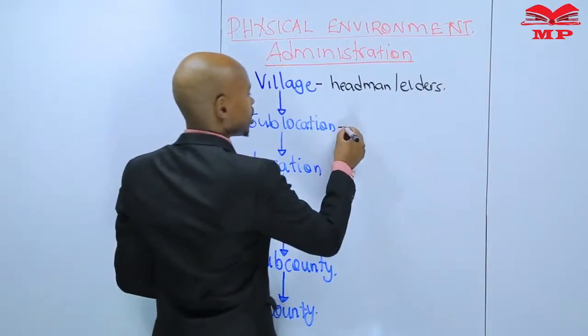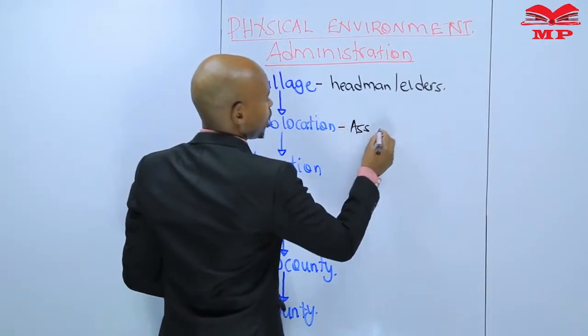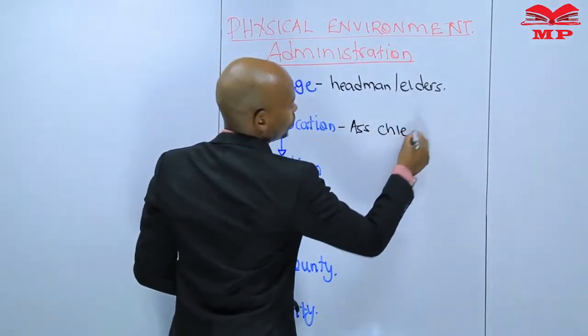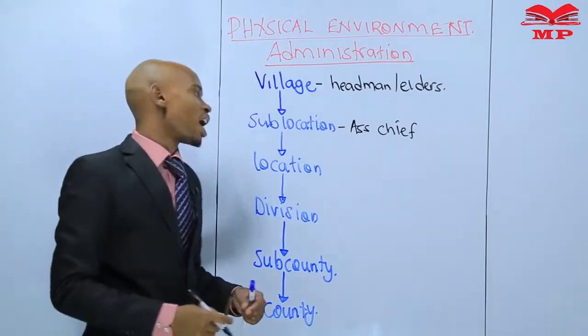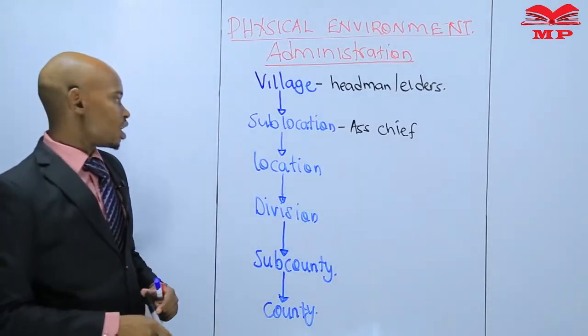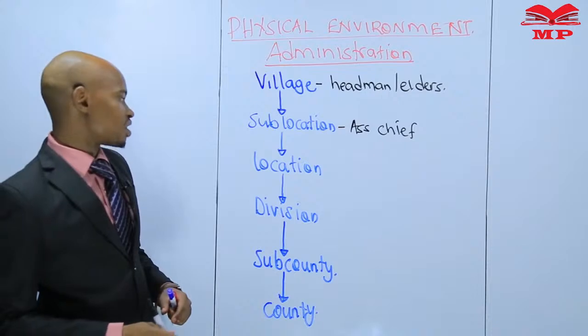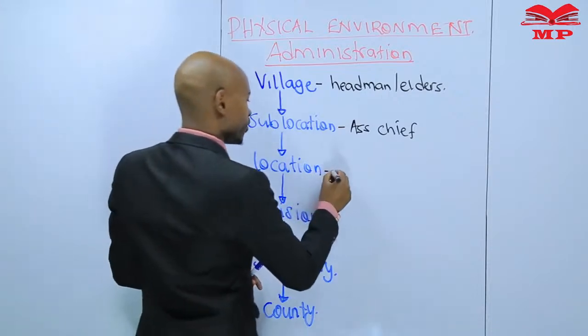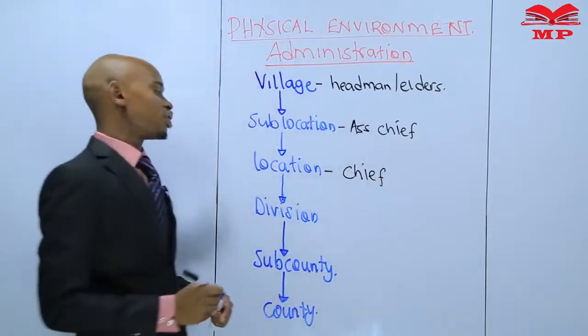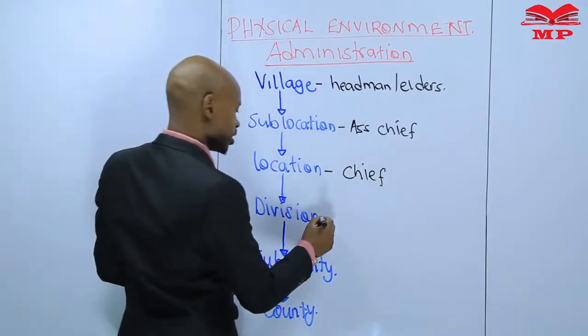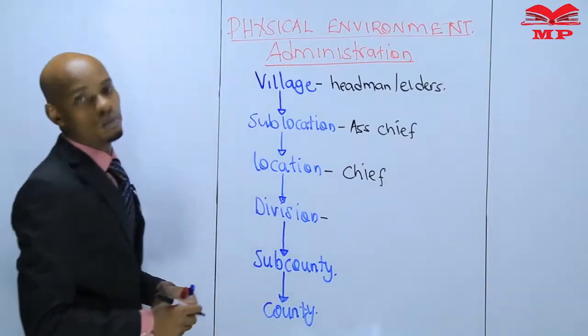Sublocation, we have an assistant chief. We used to call him a sub-chief, but that word sub no longer exists. We use assistant chief. And location, we have a chief. This one still is under a chief. A division was under a DO.